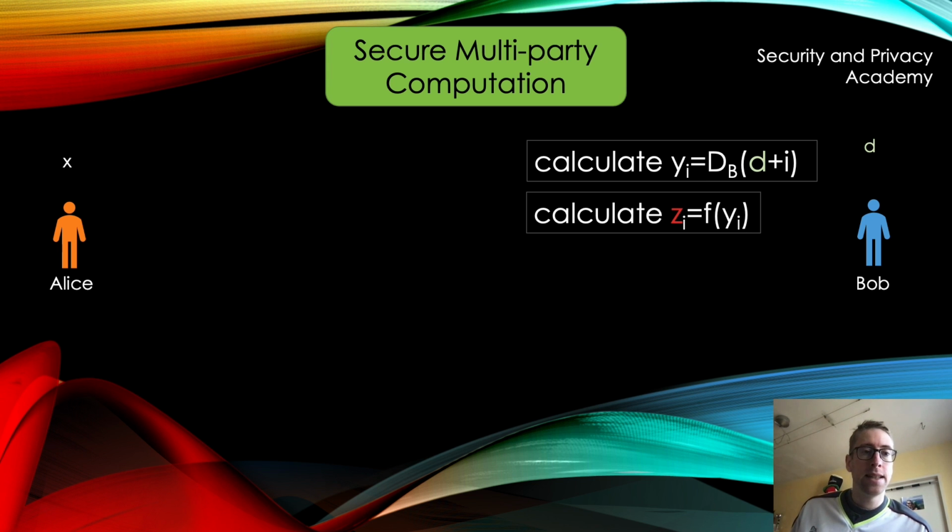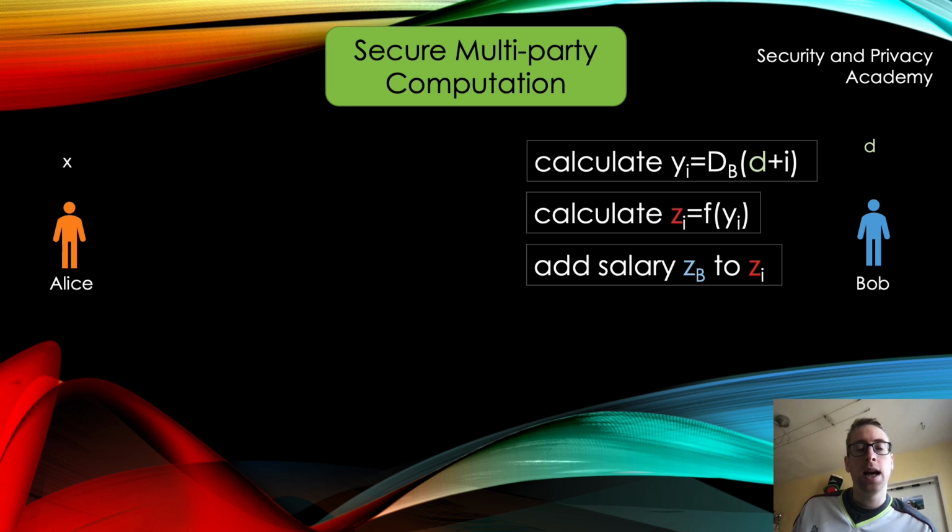Bob then adds his salary to the series, which is a bit of a simplification. He doesn't really add the amount of his salary to the series, but he changes the values of the series following the position given by his salary.